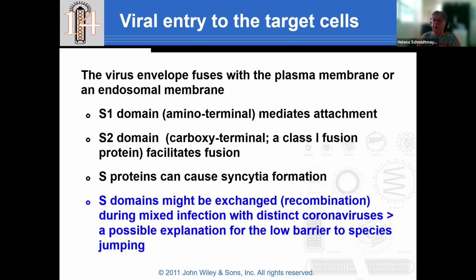The S protein can also trigger formation of syncytia, those multinucleated giant cells. Recall that the S domain, because of those two, S1 and S2 domains, can trigger exchange between different viruses that infect the same host, the same cells, and can expand the host range of the virus.